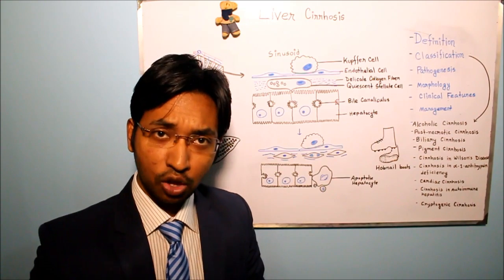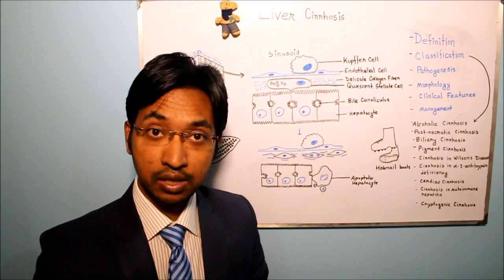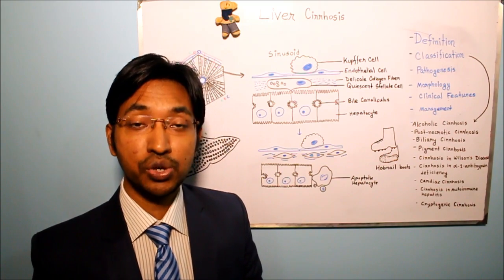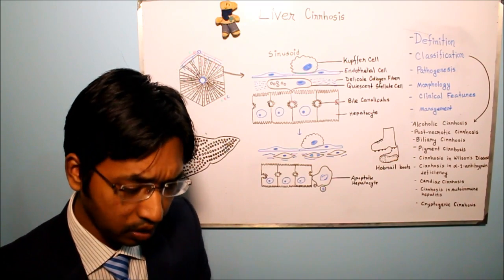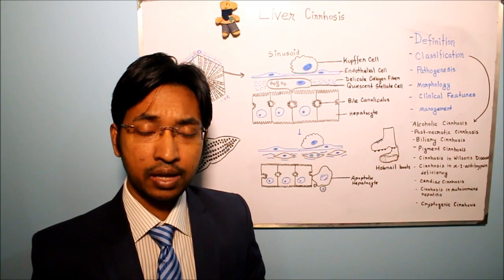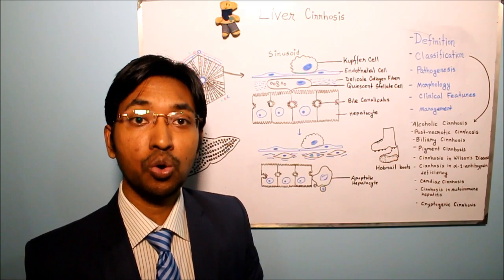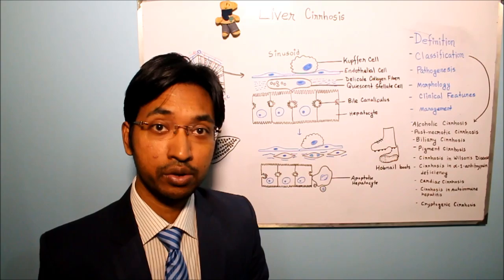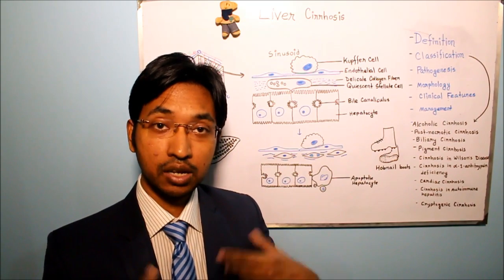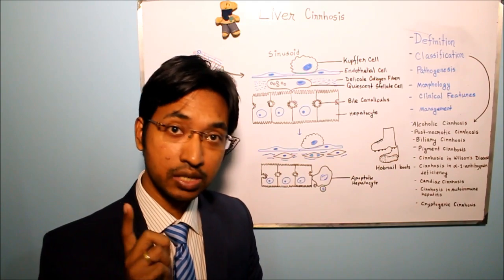And this cycle of hepatocyte death and compensatory hyperplasia may lead to liver cirrhosis in the long run. Now also remember, alpha-1 antitrypsin has a very important role in the lungs, where it acts as an antiprotease and counters the action of elastase.